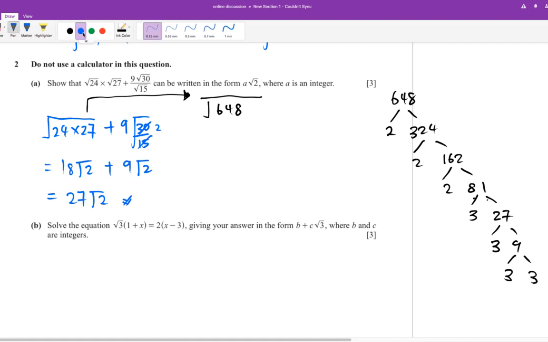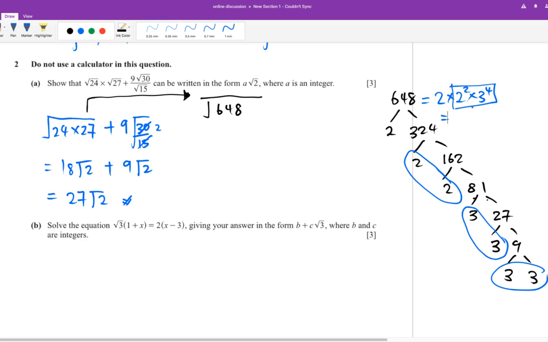Therefore, we will circle whatever is double because this is square. So I know the 648 is 2 multiply 2 square multiply 3 power of 4. Because you want to square root, I will focus on the power which has even number, which is 2 square multiply 3 power of 4, which is 324, multiply 2.